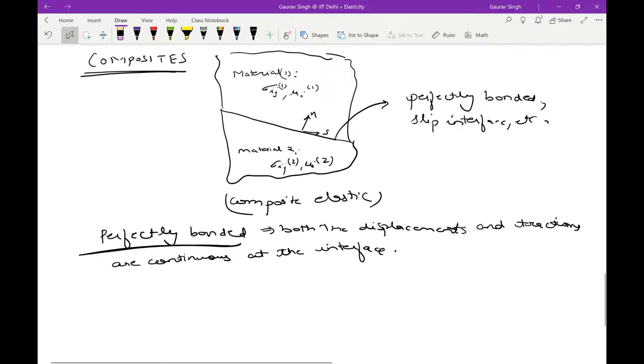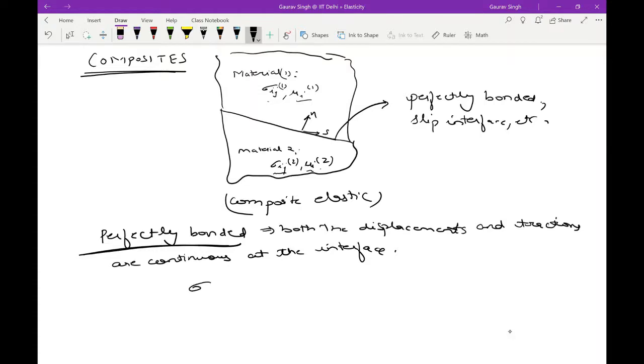So what it means is that, say you have this sigma ij as your stress field, and then ui as your displacement field, and then you have ui of 1, ui of 2. As it crosses the boundary, there must be continuity. So we ensure that in two directions, one in the normal and the other in the shear direction.